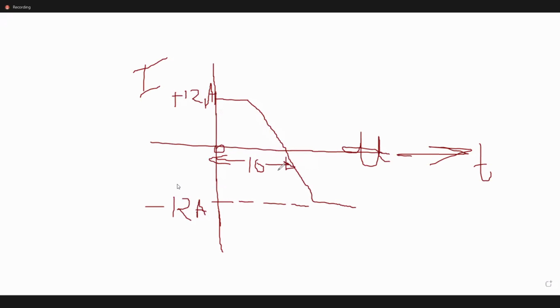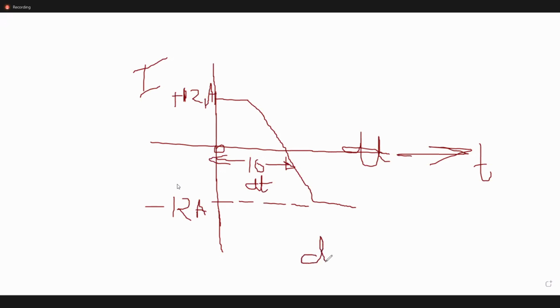Suppose dt is given as 10 seconds, then the plus 12 ampere current was reversed in 10 seconds. Meaning is this: you draw the diagram. If the numerical is like this, the plus 12 ampere current is reversed, meaning it goes to minus 12 ampere in 10 seconds, then find di.